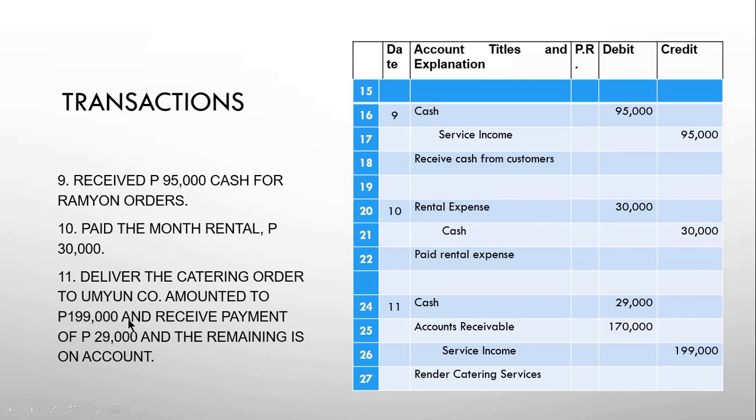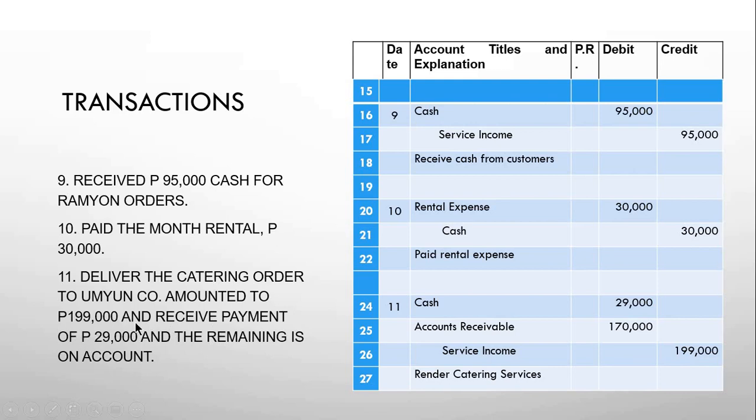So, dahil income is or has a normal credit balance and lalaki yung service income natin due to this transaction, credit natin si service income for 199,000. Yan, credit. Now, sa 199,000, yung binayaran daw is 29,000 lang and the rest is on account.